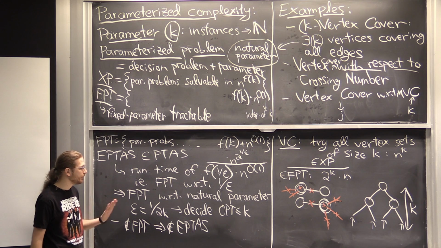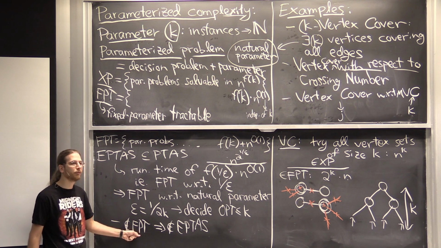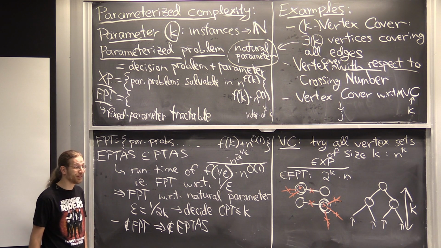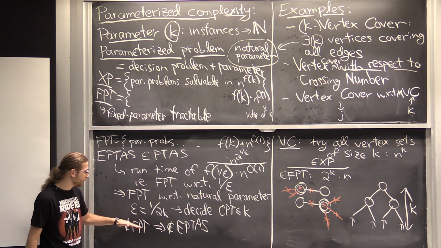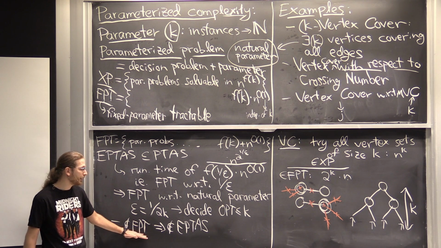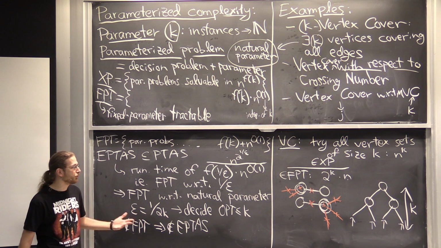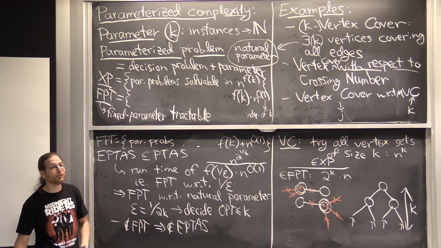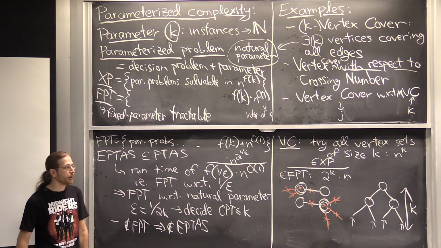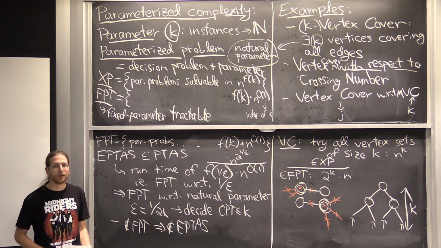And there are problems that have PTASs that do not have FPT algorithms, assuming FPT does not equal W1, an assumption we will get to in a moment. So if you can establish something is probably not in FPT, then it probably does not have an efficient PTAS. This is useful for lower bounds about approximation, even if you don't care about fixed parameter tractability. This will give us cool things about approximability.